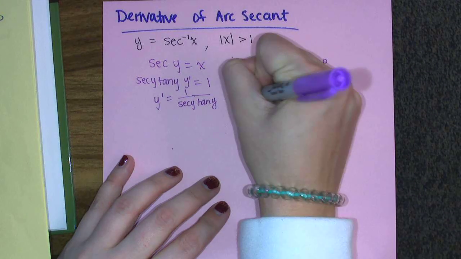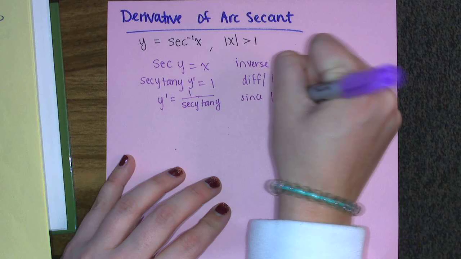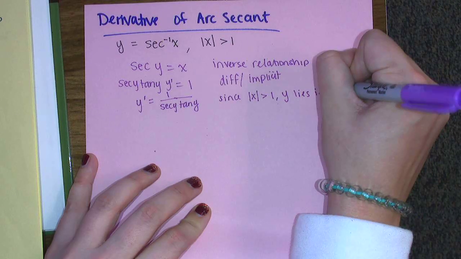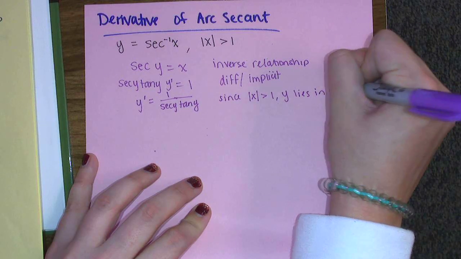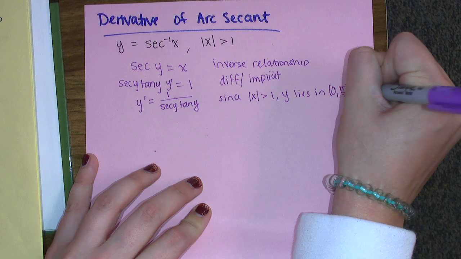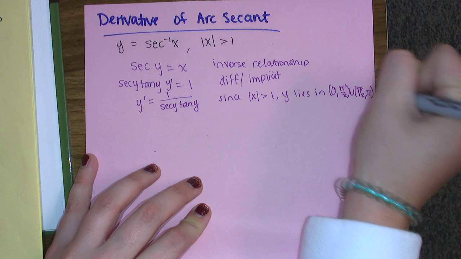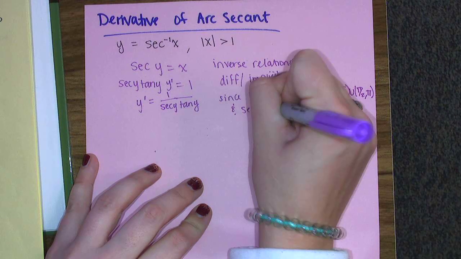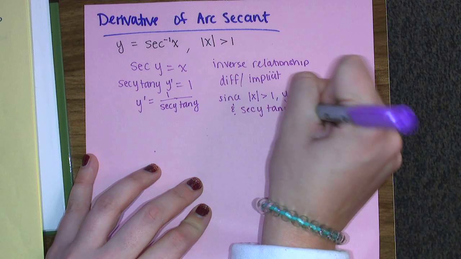Since the absolute value of x is greater than 1, y lies in 0 to pi over 2 union pi over 2 to pi. And secant of y, tangent of y is not equal to 0.